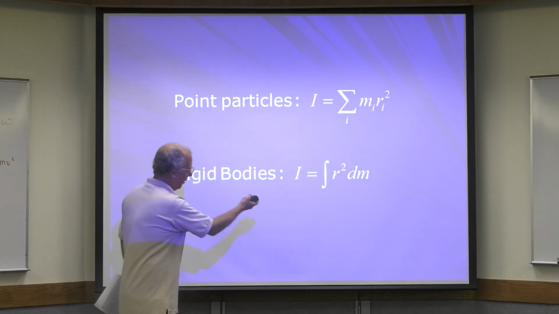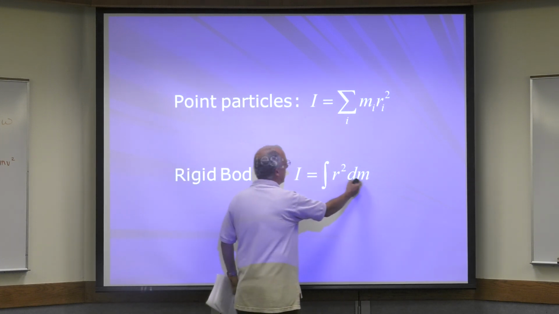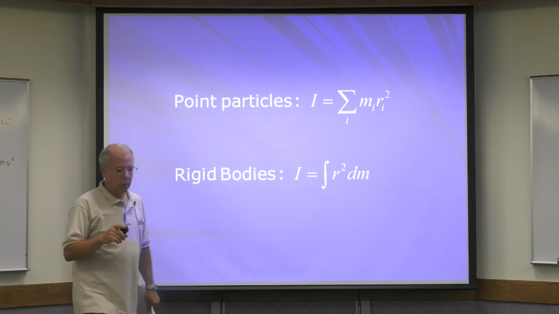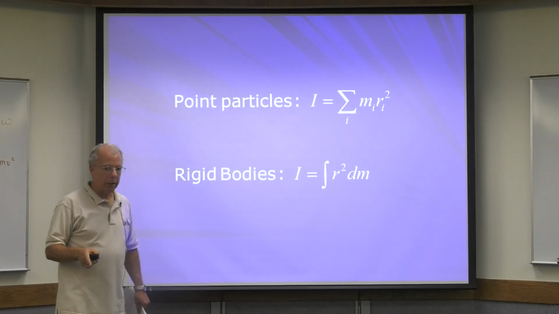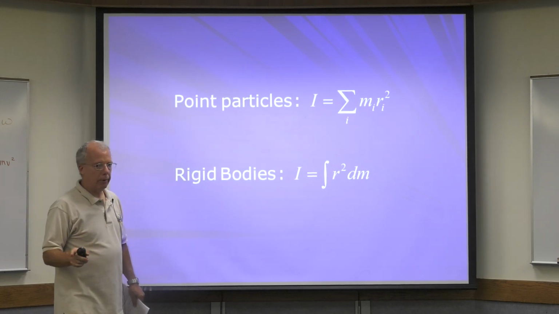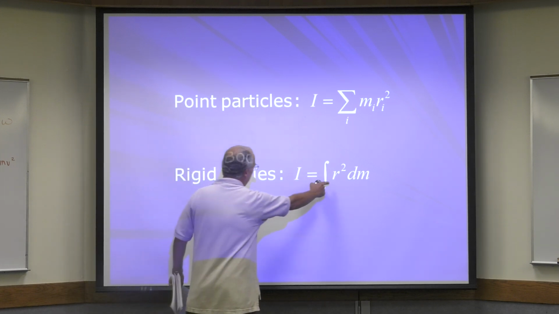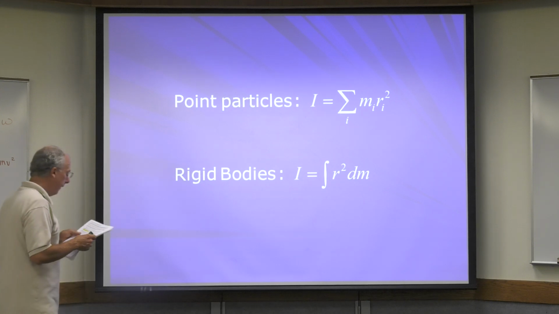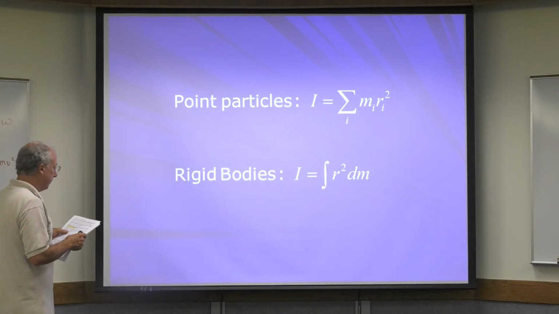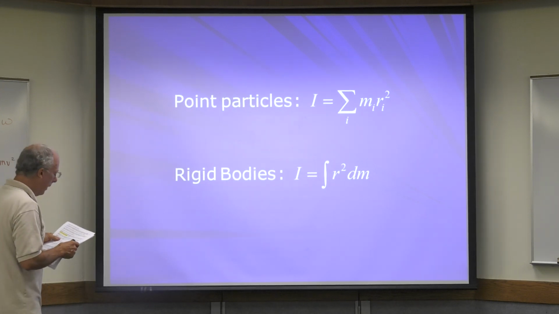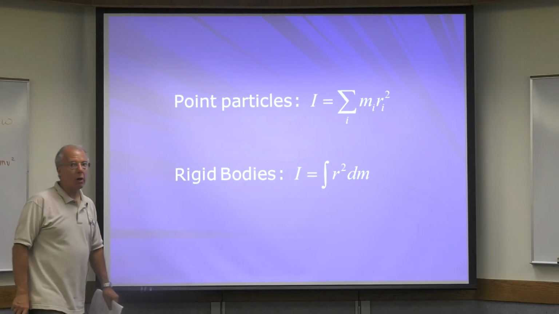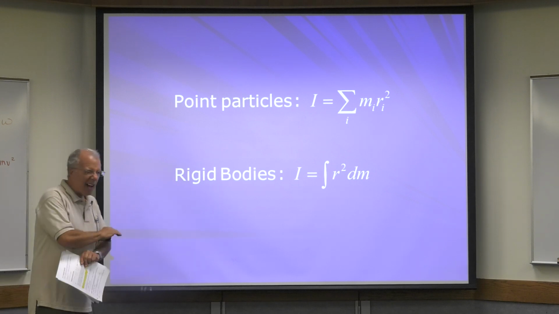So look at what we have again, this dm. Those center of mass calculations where we had to get rid of the dm, same thing here. So you've got to know how to do those center of mass calculations. Now, thankfully, for most common geometries, we don't have to calculate anything.